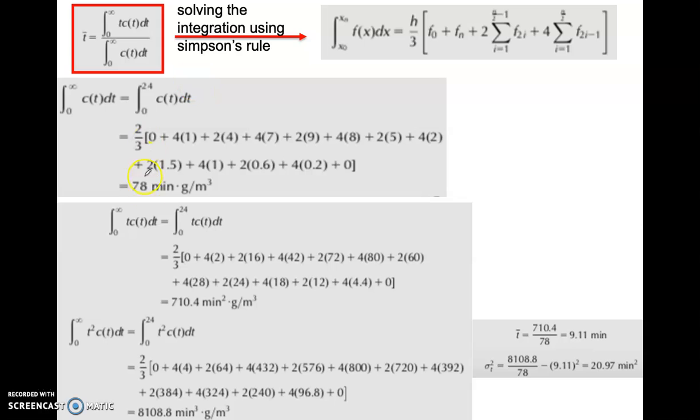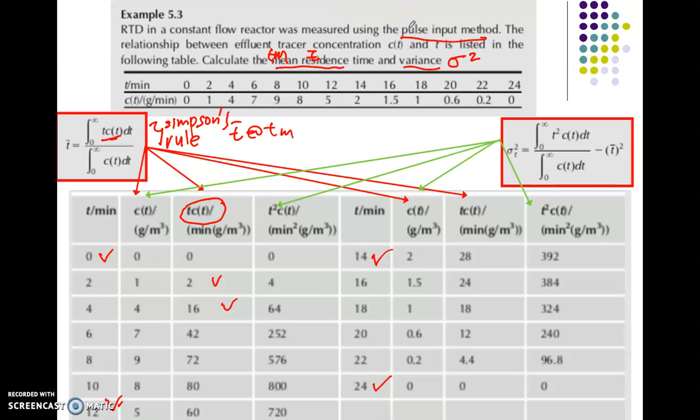I want to solve for your TM, or your mean residence time T bar, solving the integration using Simpson's rule that I mentioned before. This is the formula for Simpson's rule, where H is the gap between your data. For instance, here the gap is 2, from 0 to 2.